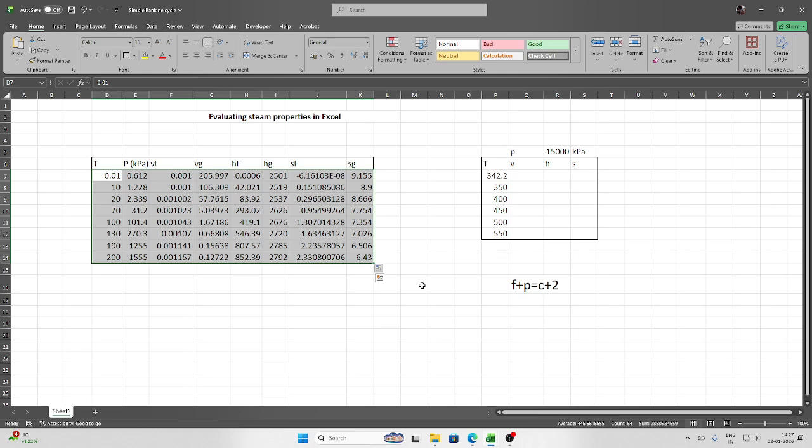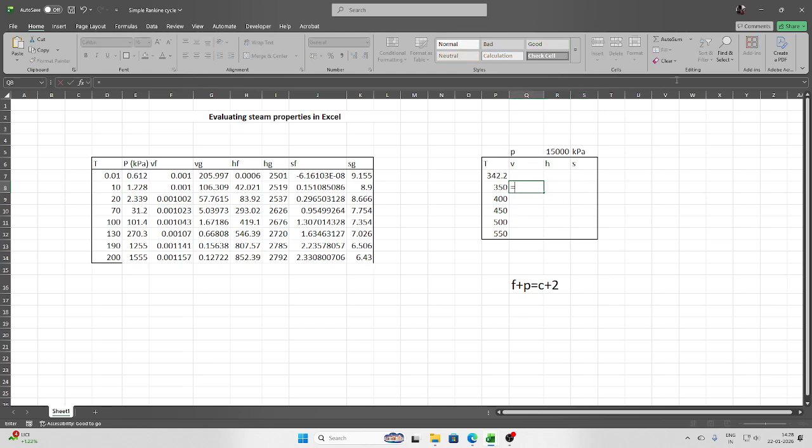It is so easy. And when it comes to superheated steam, if this is the pressure, let's say 150 bar. Basically I have written it in kilopascal because this particular system by default is set to kilopascal. Okay, so you will be starting with the saturation temperature. So this is 342, and now I want specific volume, enthalpy and entropy for this pressure at different temperatures.